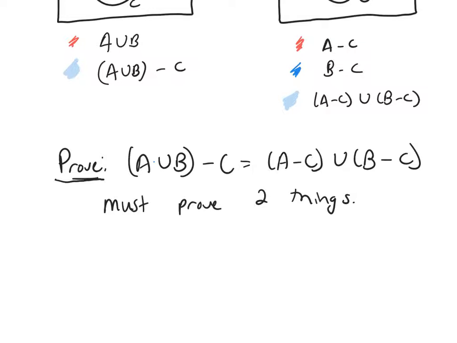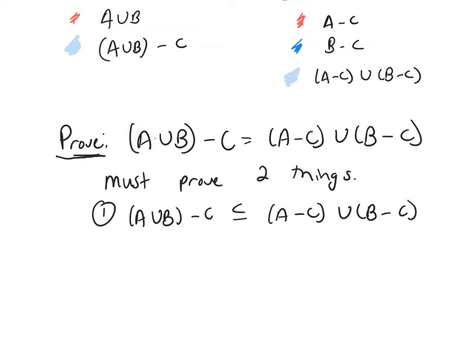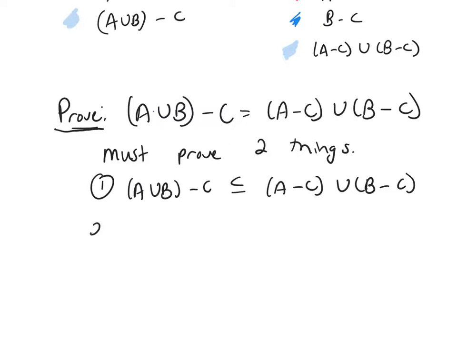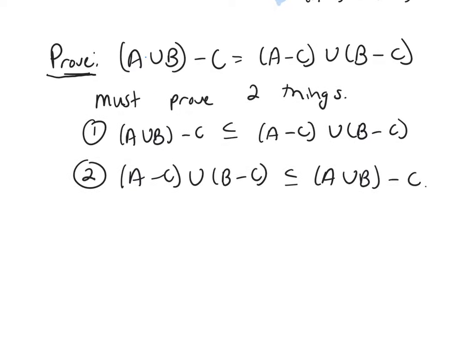So I have to show that the set on the left, A union B minus C, is a subset of the set on the right. And then I also have to show that the set on the right is a subset of the set on the left. So we're going to prove these two things.